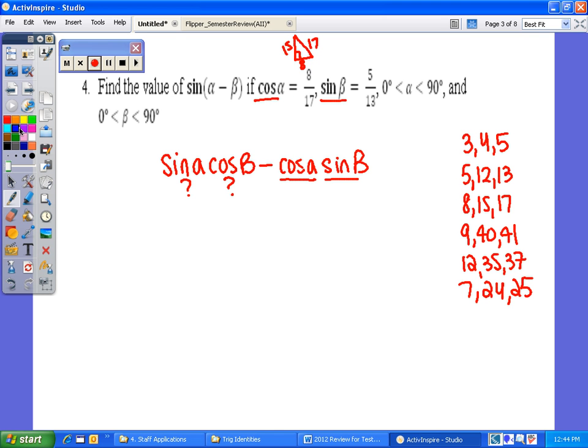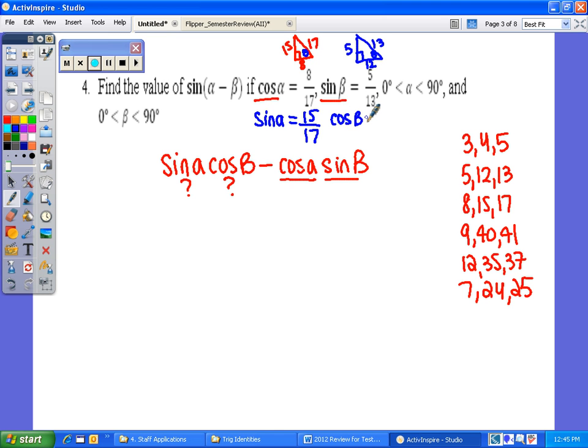So that means the sine of A must be equal to 15 over 17. Now here, the sine of B is 5 over 13, so it's opposite over hypotenuse. Knowing our triples, we know that this has to be 12.